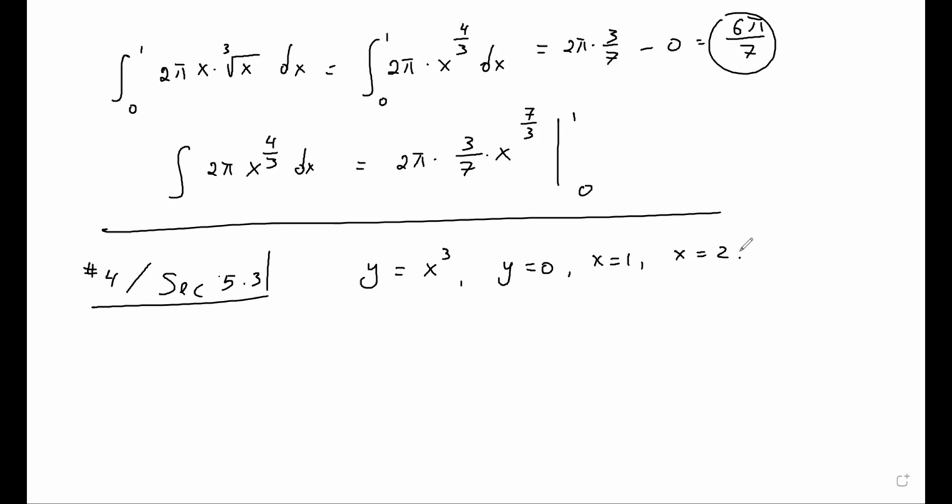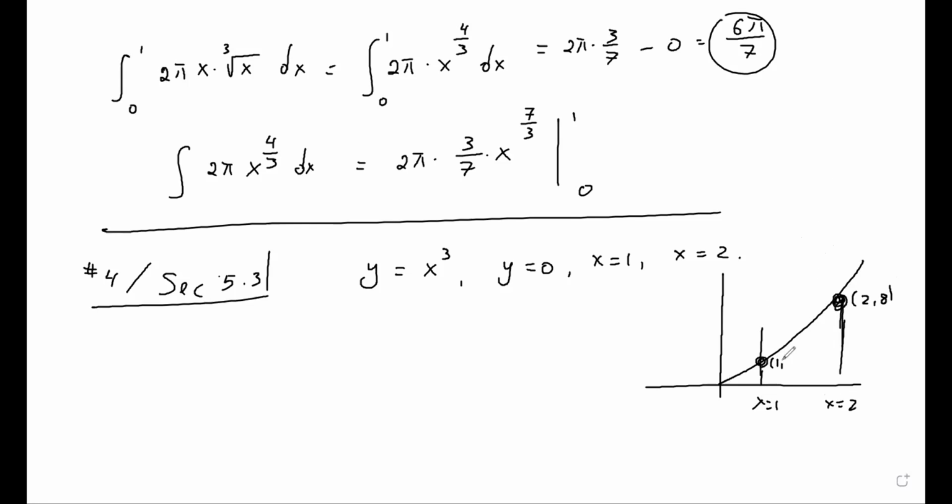And you're trying to calculate the volume of the solid obtained by spinning this about the y-axis. So let's see what happens. All right, so we have this thing, x equals 1, x equals 2, x cubed. X cubed is something like this, not exactly, the graph here is not very precise, but you get the idea. So this is x equals 1, this is x equals 2. This point here is 2 comma 8, and this one here 1 comma 1.